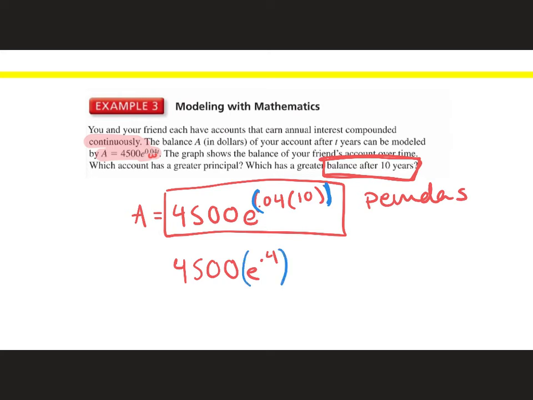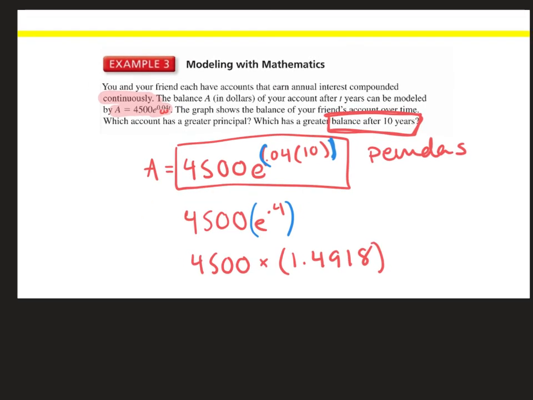We click that E button, and our exponent is 0.4. So we have 4,500 times, and I got 1.4918. So if you can, keep it all on your calculator when you're doing it, just so you don't round and lose some exactness to your answer.